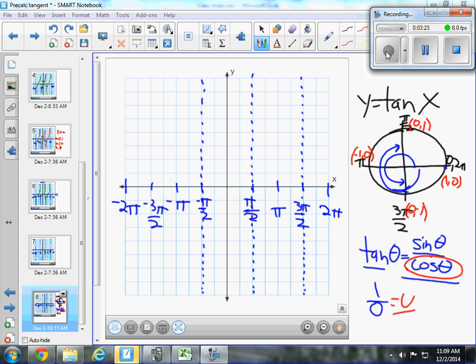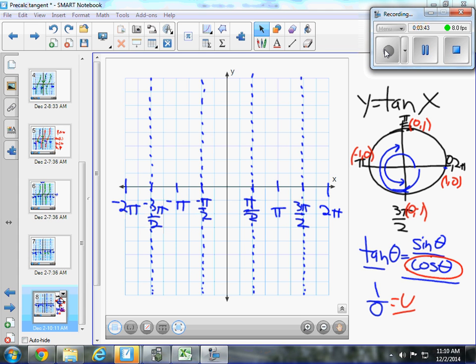Every place that cosine is equal to 0, I'm going to have an asymptote. And once I get my asymptotes, the graph of tangent pretty much graphs itself.